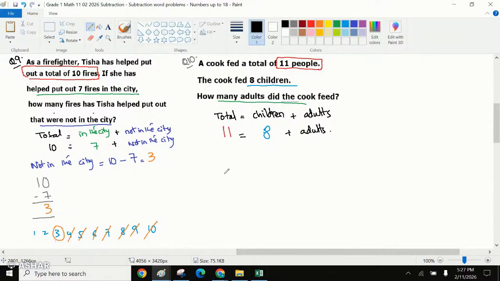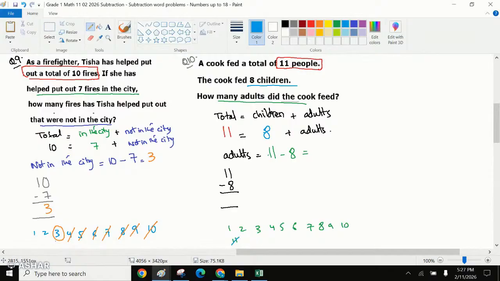So can we say 11 minus 8 should be equal to the number of adults? So we can find the number of adults, that would be 11 minus 8. We can write down the numbers 1, 2, 3, 4, 5, 6, 7, 8, 9, 10, and 11. We need to subtract 8 numbers, right?